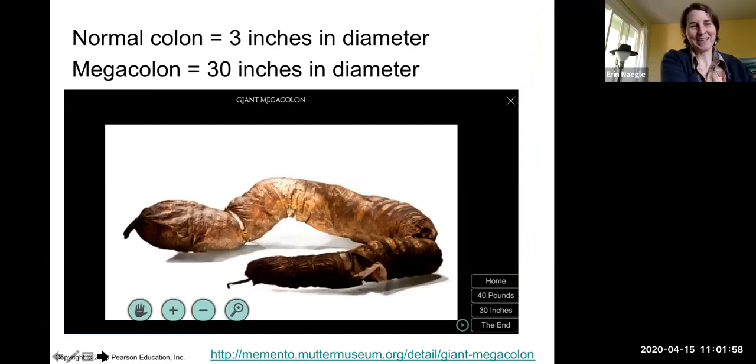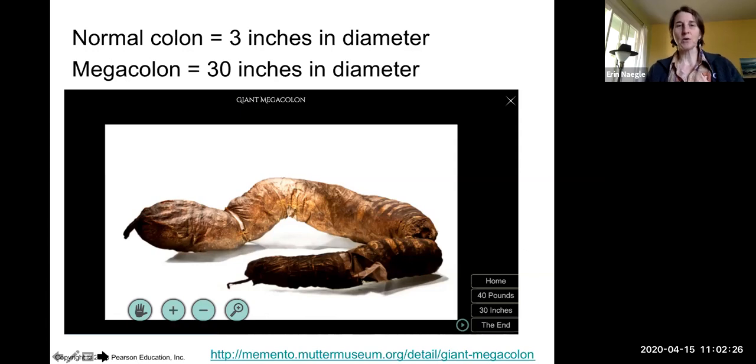I learned about this through a book called Gulp by Mary Roach. I know it's backwards for you. She's one of my favorite authors. This is a great book if you're interested in learning more about strange things about the digestive system. And she has a chapter on megacolons. I know it kind of looks like a big, strange earthworm, but this picture is actually from the Mutter Museum in Philadelphia.